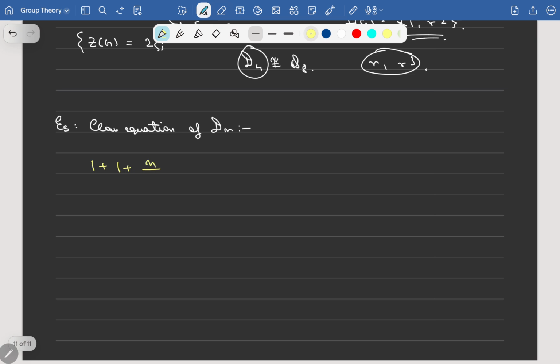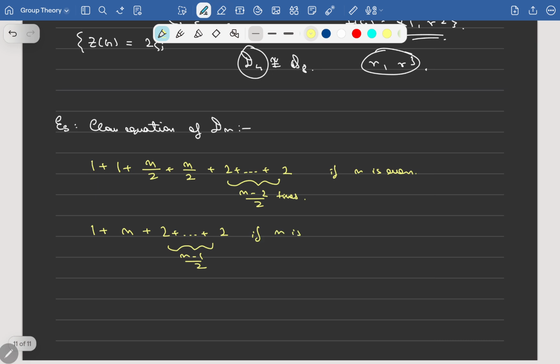Plus we have 2 conjugacy classes having n by 2 elements, and the rest having conjugacy classes of 2 elements. These are (n minus 2) by 2 in number, and this happens if n is even. In case n is odd, I have only one element in the center, plus one conjugacy class which consists of n elements, and the rest of the classes having 2 elements only. These are (n minus 1) by 2 in number. So this is if n is odd.